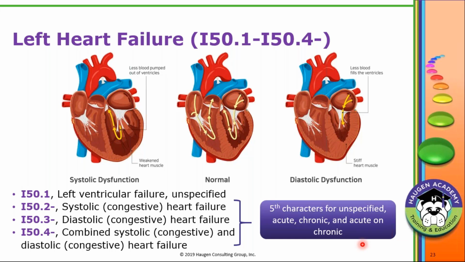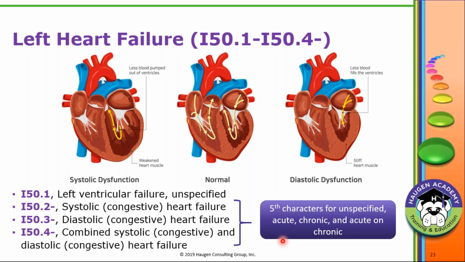Your fifth characters are for the acuity, and these are a really big deal to CDI. To be able to say that the patient has systolic or diastolic heart failure is important in making sure that we have appropriate payment, but these acute and chronic change them from just a CC potentially to an MCC.